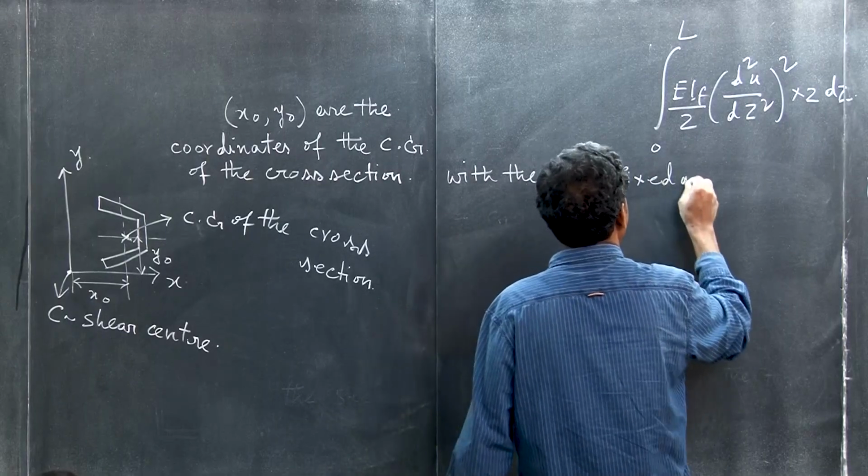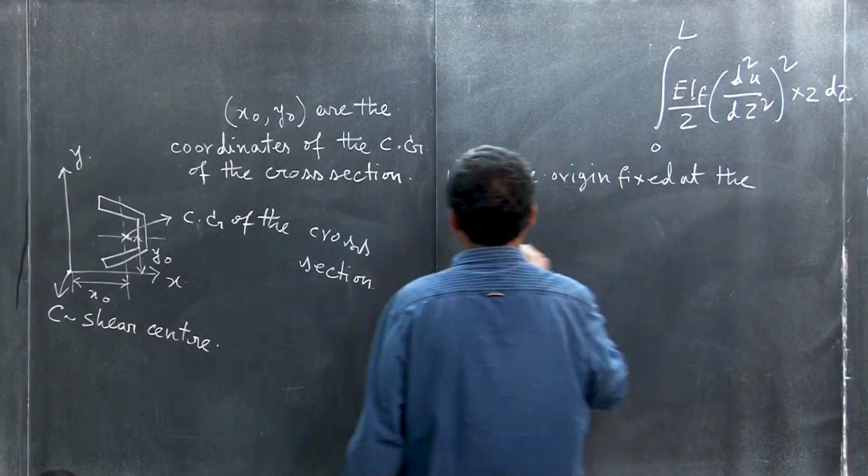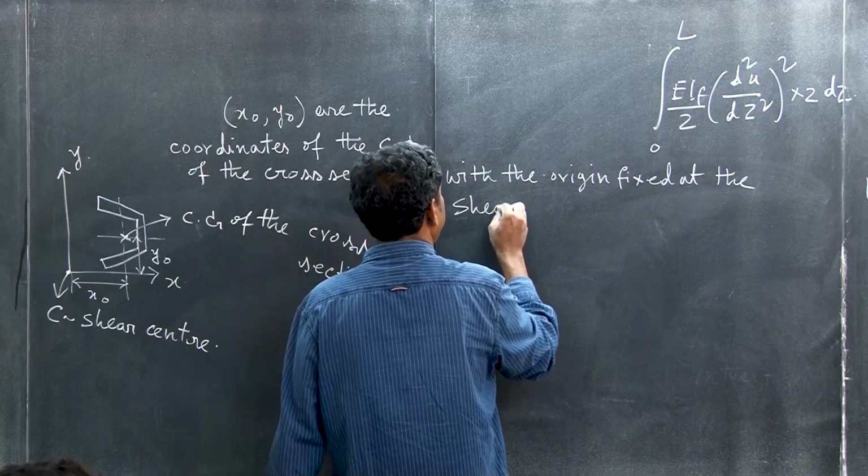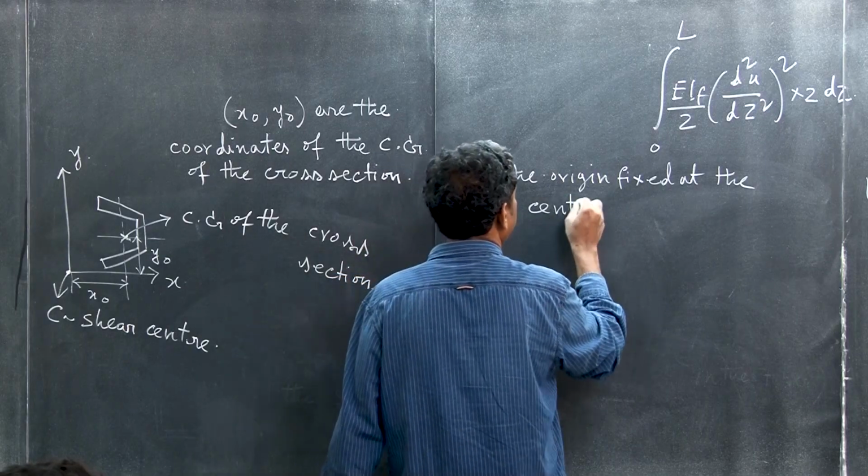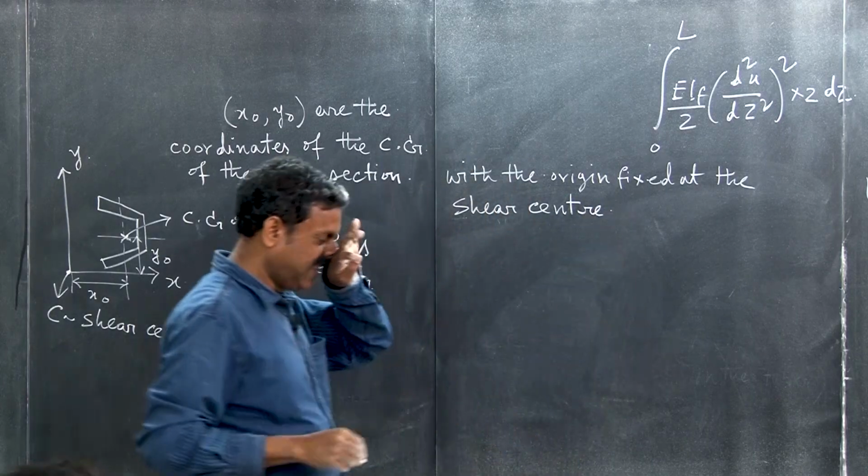Why is the origin fixed at the shear center?